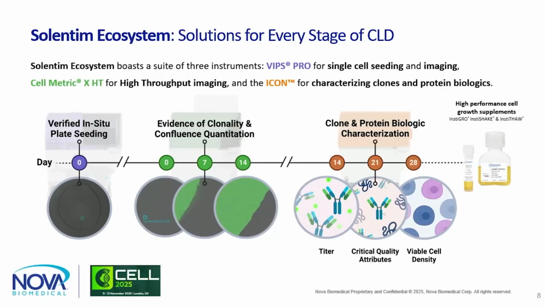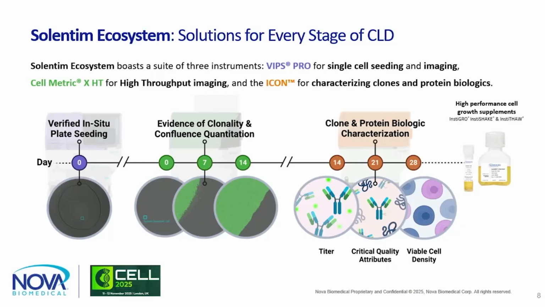It actually has all of the imaging capabilities of the Cellmetric X. The instrument in the green background is our Cellmetric X, dedicated purely for imaging. And then the orange instrument in the background is called the Icon, and this is for characterizing our clones, for productivity, for critical quality attributes such as glycan, and for viable cell density.